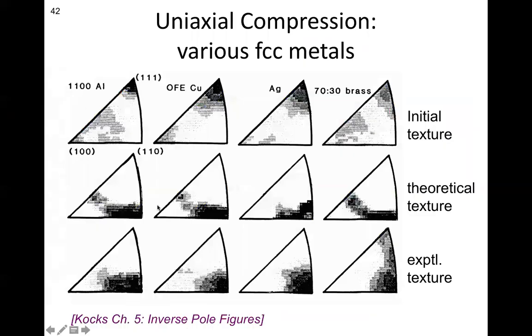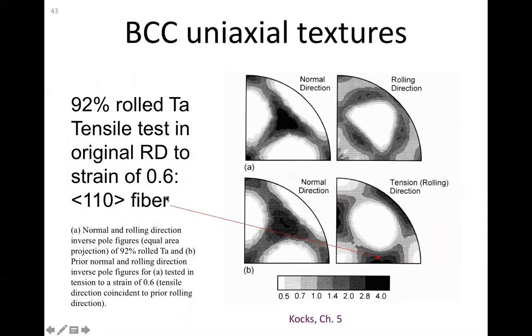The uniaxial compression, different FCC metals, we get different intensities, right? So it's going to have to do with the stacking faults, the stacking fault energy and deformation modes. BCC materials give us different textures than FCC. No great surprise there.